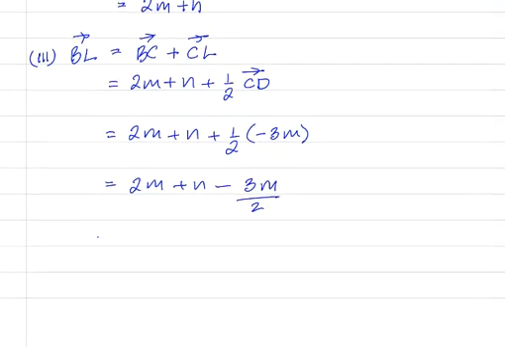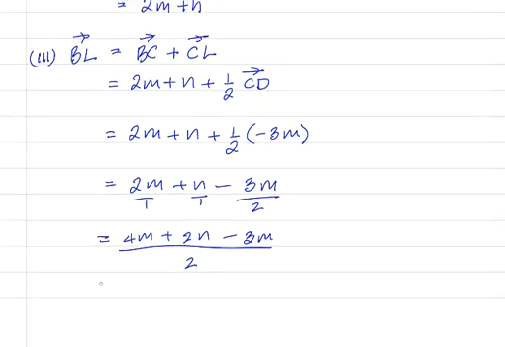So 3M over 2 is 1.5, or if I wanted to, I could find the LCM. The LCM is 2. 1 into 2 is 2, 2 times 2M is 4M. 1 into 2 is 2, 2 times N is 2N. 2 into 2 is 1, 1 times 3M is 3M.